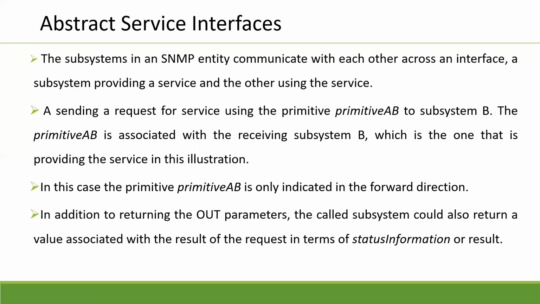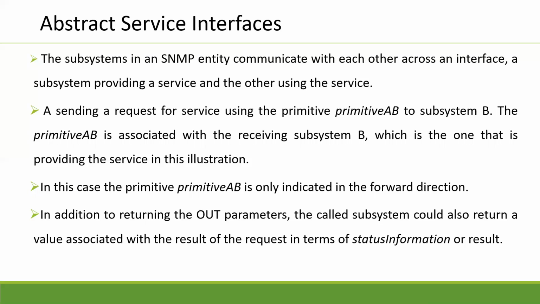Then abstract service interfaces is the last block of the architecture. In this subsystem, SNMP entities communicate with each other across an interface, one subsystem providing a service and the other using the service. We can define a service interface between the two if the interface is defined such that it is generic and independent of specific implementation.